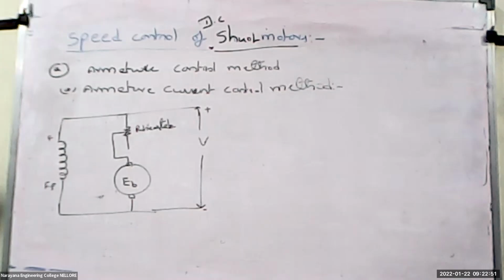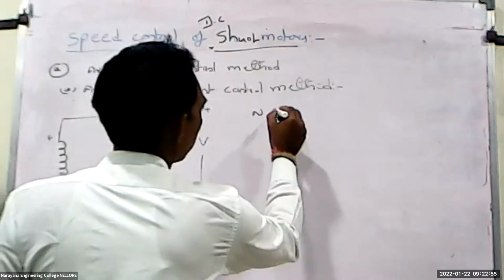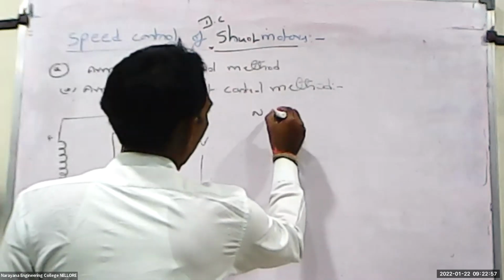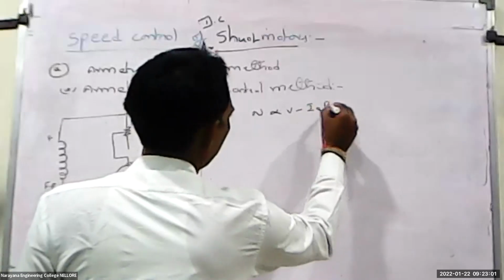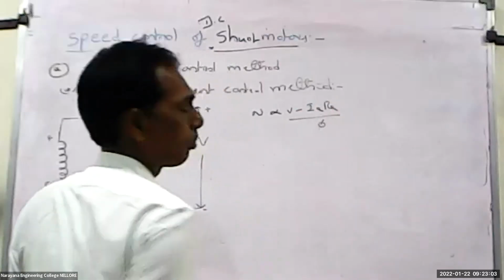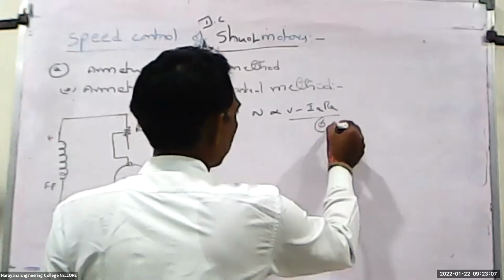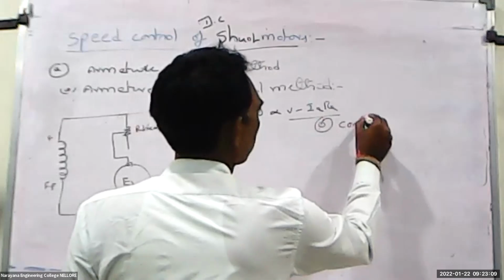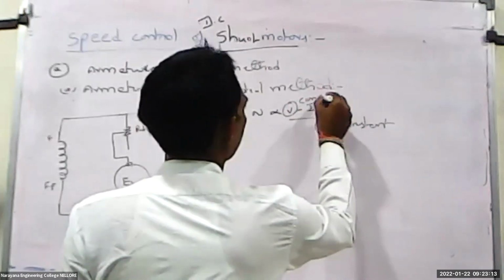Now armature control method means what? N is proportional to (V minus IaRa) by phi. So I have to assume that flux is constant and voltage is constant.